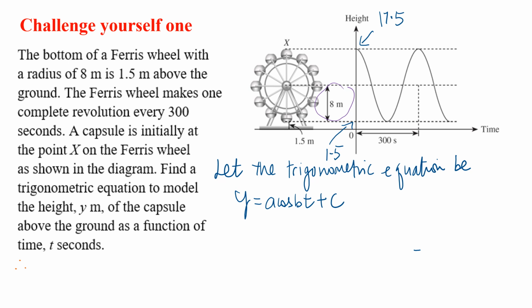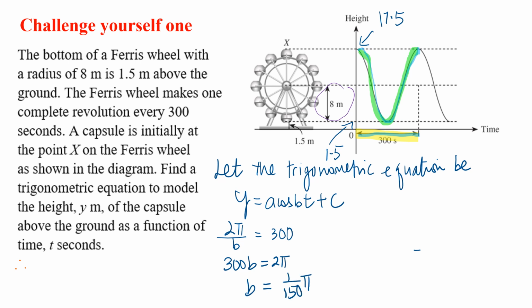One cycle is from here to here, right? So the period for that one cycle is 300 seconds. So that information can help us find the value of b. Right, so b will be equal to 1 over 150 pi.